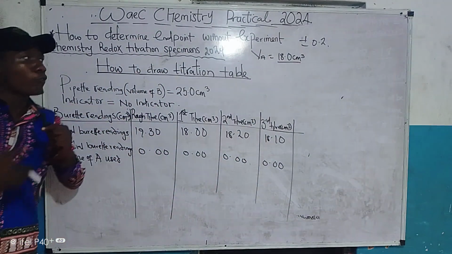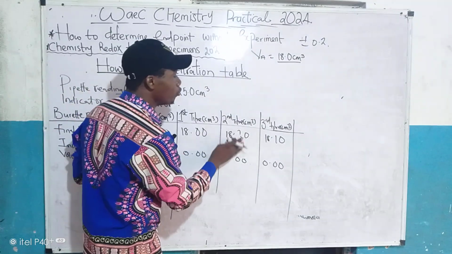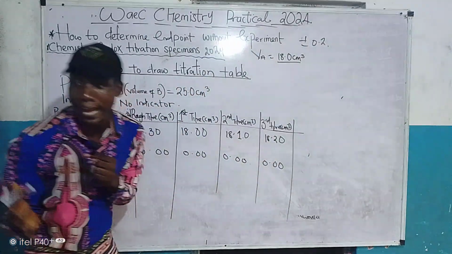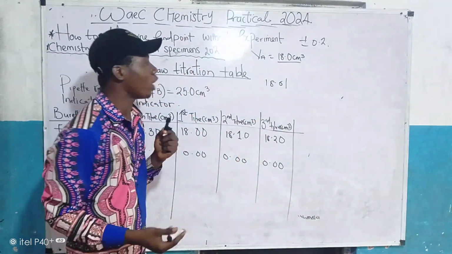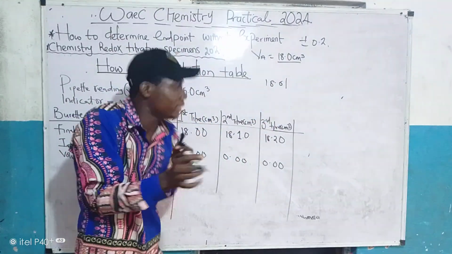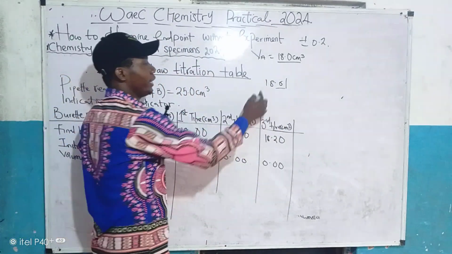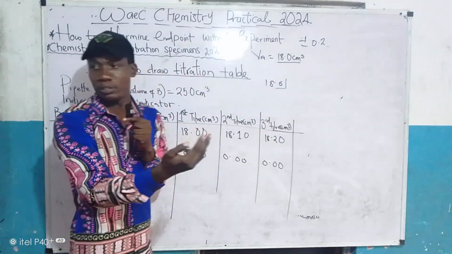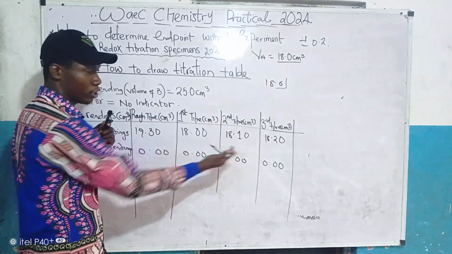So there's either an addition of 0.2 or 0.1. Please avoid values like 18.01. Why? Because the calibration of your burette is not to 2 decimals, it's to 1 decimal. So we can have 18.10, 18.20, 18.30, but don't go beyond 18.1 and 18.2. So that's why I have it this way.